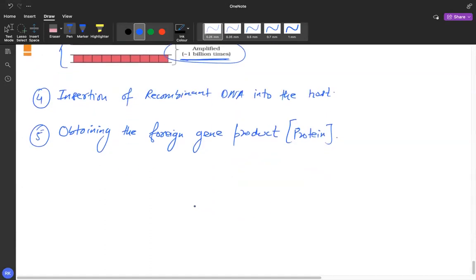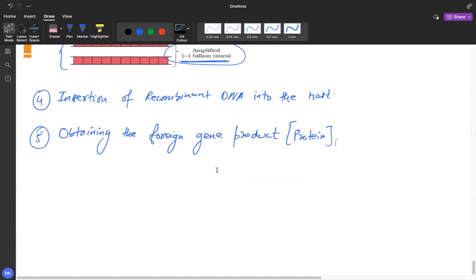Okay. Now, how do we do this? Because the DNA that we sent was a recombinant DNA, when it expresses into a protein, it is expressing in a host where it naturally should not have been expressed, right?